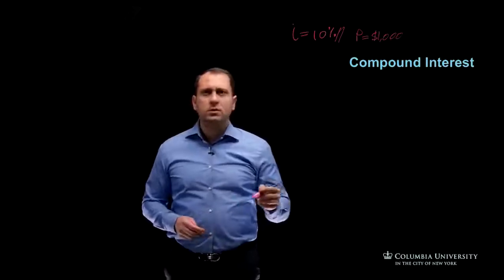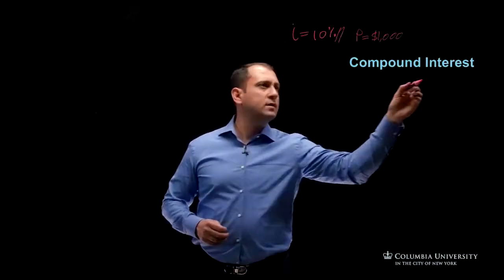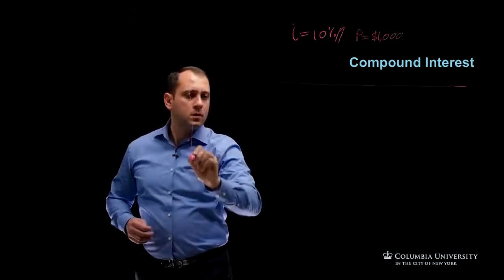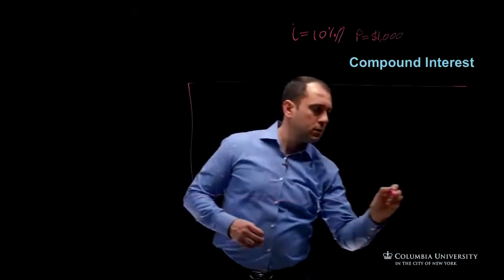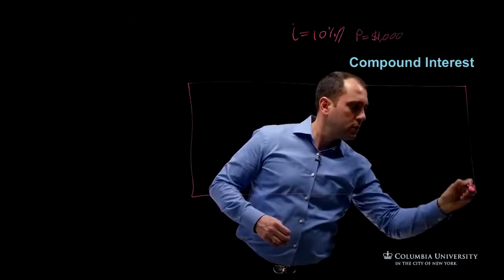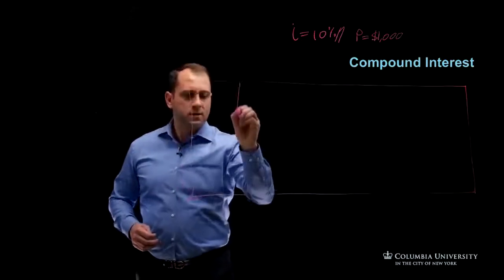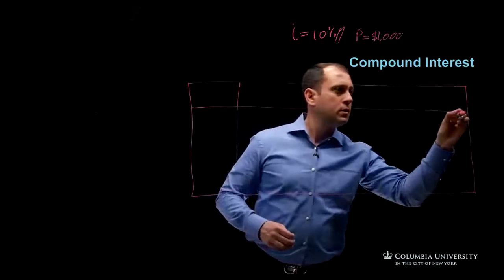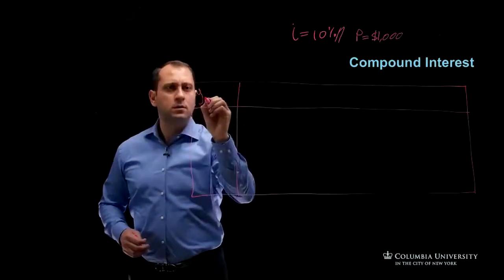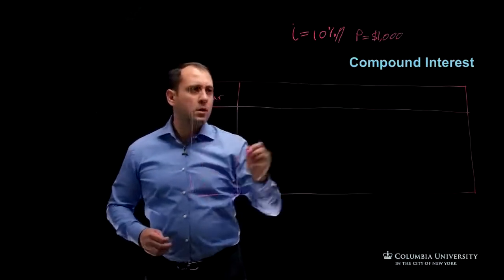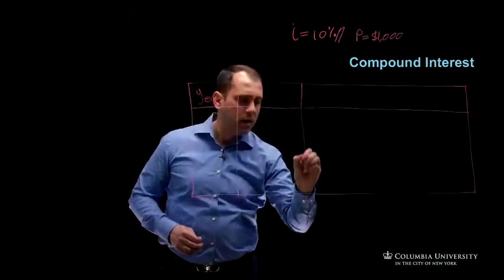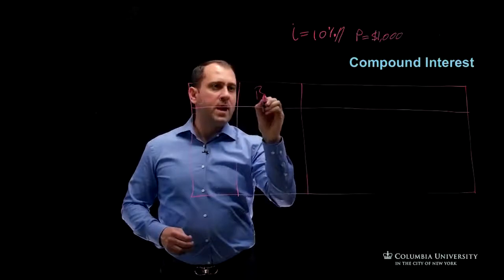So let's draw a table here similar to what we did before. In the first column, we have the year. In the second column, we have what we call the base, where we will apply the interest every year.